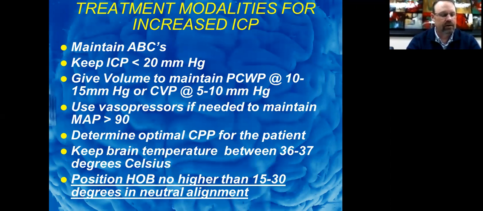And of course, if GCS less than 8, intubate, we know that. However, if your GCS is decreasing by 2 or more rapidly, we'll talk about this in detail in a second.